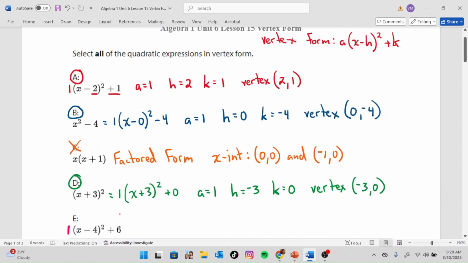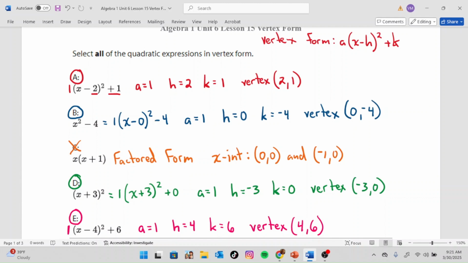In this case, a is going to be 1. h is going to be 4, because remember it's x minus h. And then k is going to be 6, which means, yes, we can find the vertex. The vertex would be at the point 4, 6. So E is in vertex form.